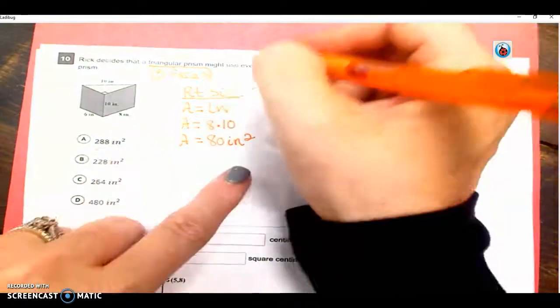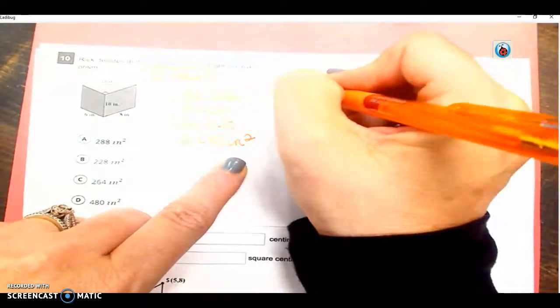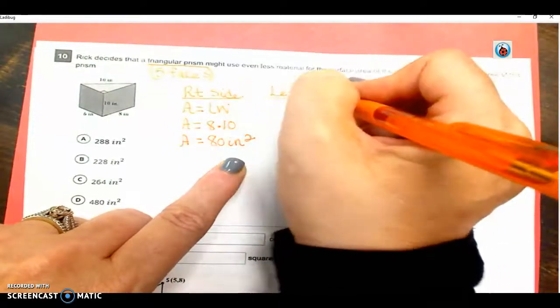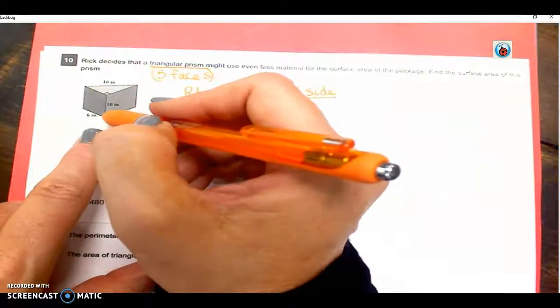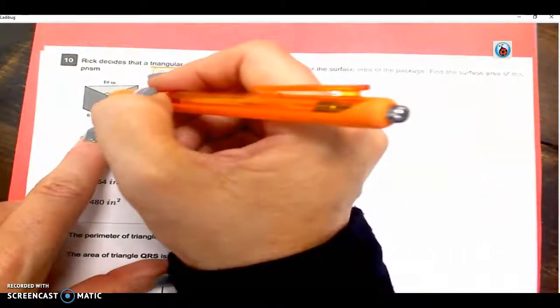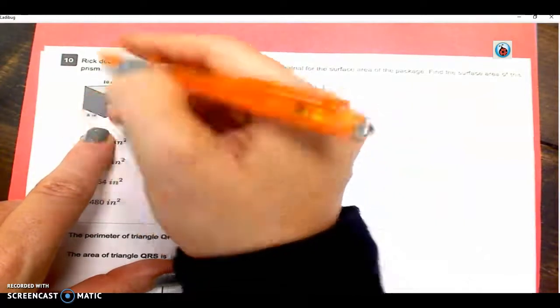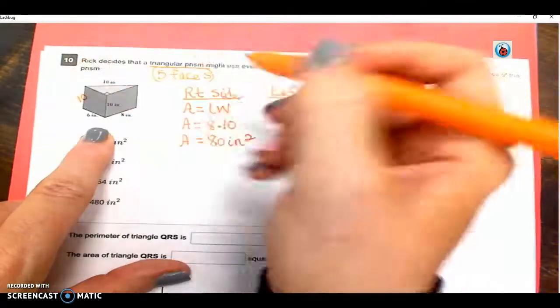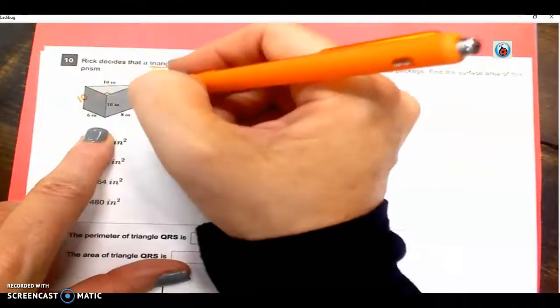Okay, we are going to now look at the left side. And the left side would be this piece here. And as we can see, the left side, this is 10. This is also going to be 10. If you want to go ahead and start writing dimensions so it helps later, we know this is 10, this is 10.